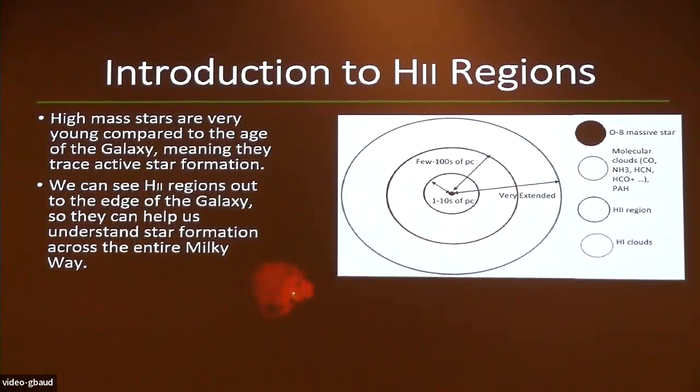Notably, most of these stars also have molecular clouds in more extended regions, up to 100 parsecs. And finally, we'll have the H1, the neutral hydrogen cloud, over a much more extended region. As I said, it will help us understand where stars form in the galaxy.